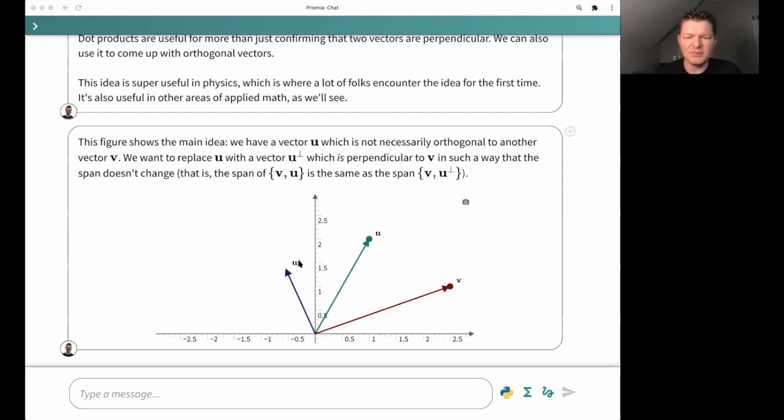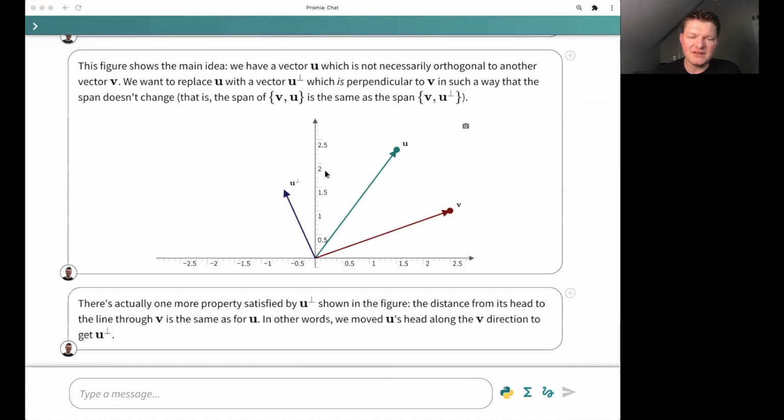So in other words, u perp needs to be in the span of u and v and also perpendicular to v. In this diagram, you can move the arrowhead around and you can see how u perp changes as we change u. And in fact, there's one additional property satisfied by this vector that isn't mentioned in this list, which is that you want it to be the same distance away from the line through v as u.